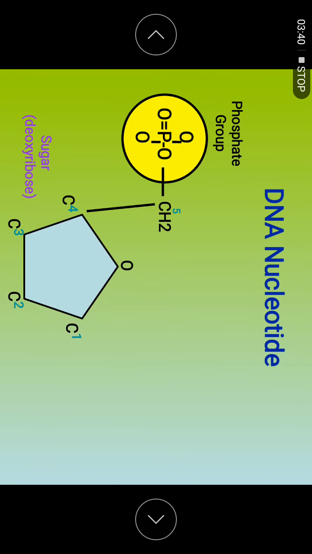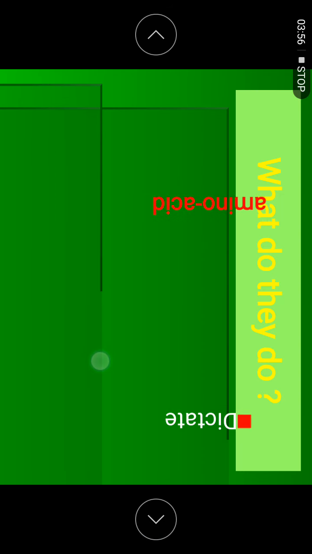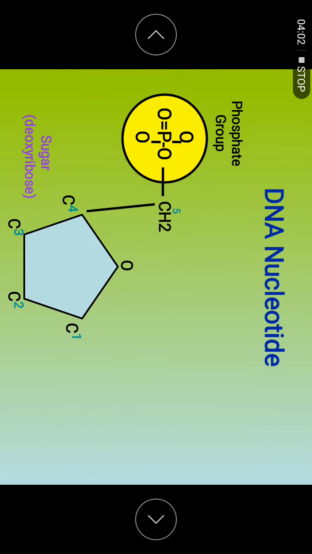What is the phosphate group? This is phosphate, phosphorus plus oxygen. The phosphate group, we normally use a circle. Then we have the pentose sugar. You see 5 carbons, 1 2 3 4 5. You see the numbering?